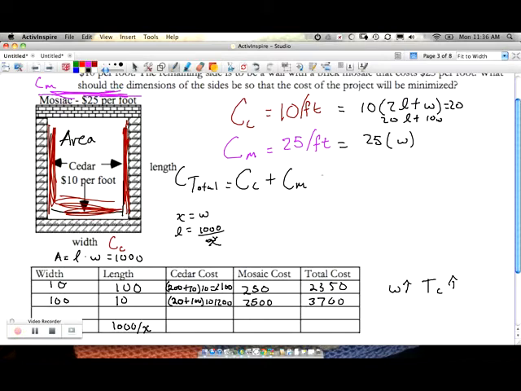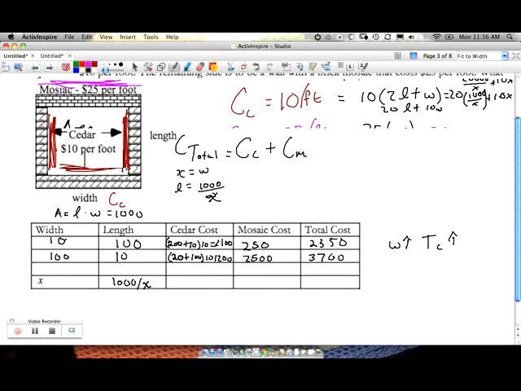That would be 20 times L, which is 1,000 over x, plus, what's the other one? W is just x, so 10x. And for this last one, this is going to be 25x. And if we simplify that top piece, that'd really be 20,000 over x plus 10x.